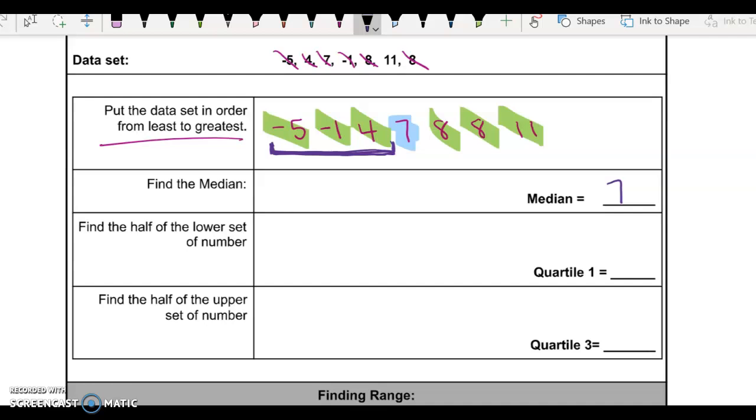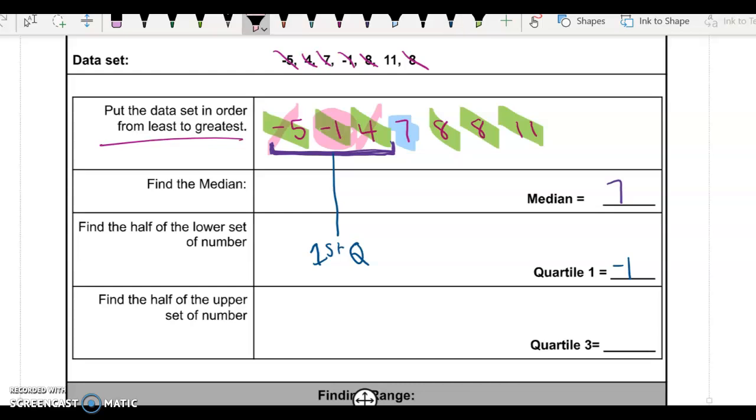But since we only have one, we don't include the middle number. So now we're going to cross off one from each side of those until we find the middle number of our lower half. And this is our first quartile. So Q1 would be -1.